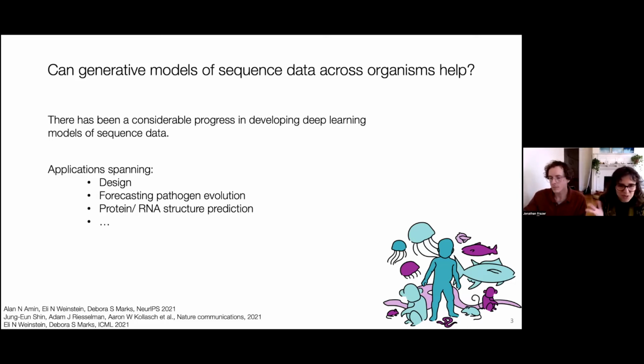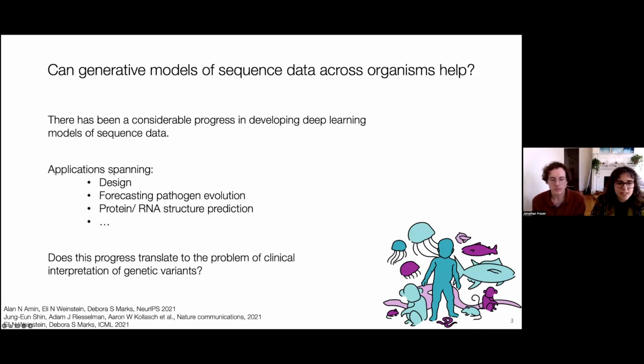Probably you're very familiar with protein structure in this domain. And here I'm just pointing out some work that our lab has done in this space, but really this is a big effort from the community in general. So what we would like to ask is if this progress can also translate to the exact problem that we want to answer today, that is the problem of clinical interpretation of genetic variants.